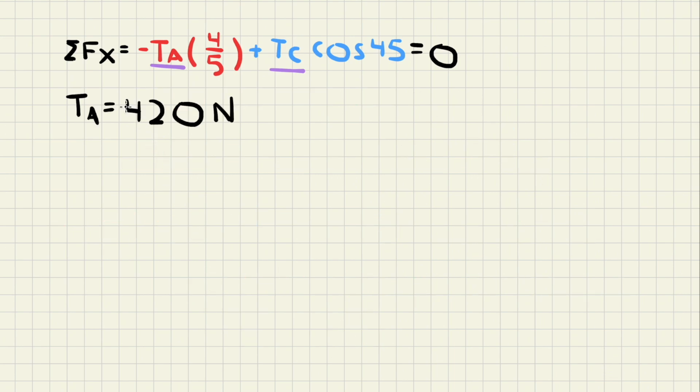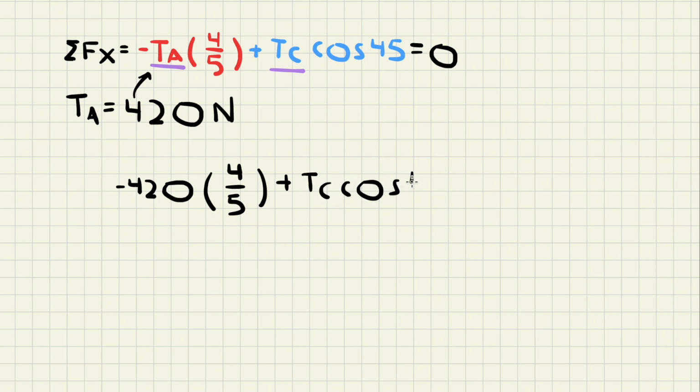So now we can plug in this known TA value right here, so we can leave TC as the only unknown in this equation and solve. So we're going to sub this in, so negative 420 times 4/5 plus TC cosine 45 is equal to 0.